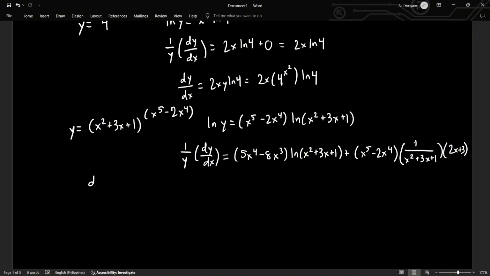And then we get dy over dx is equal to, let's substitute y directly.